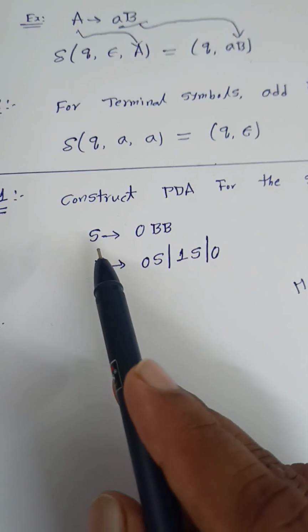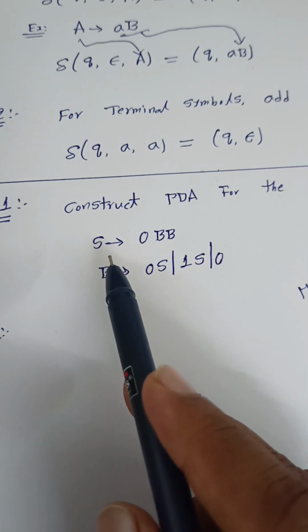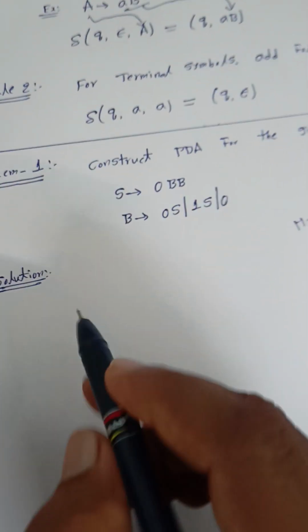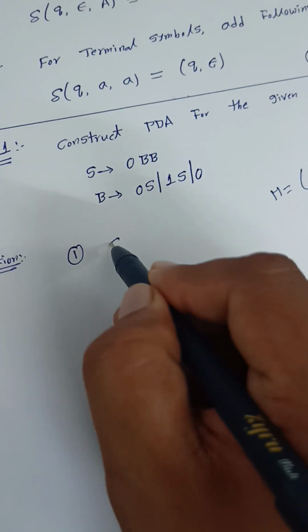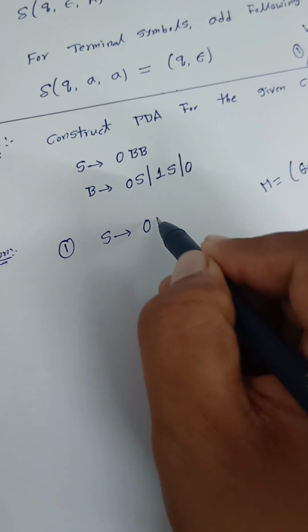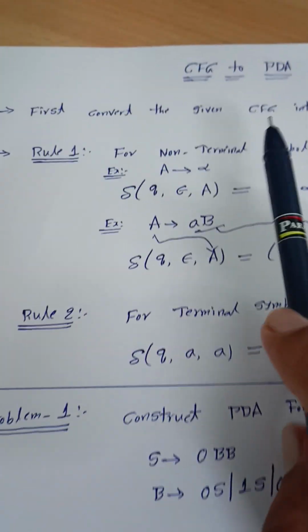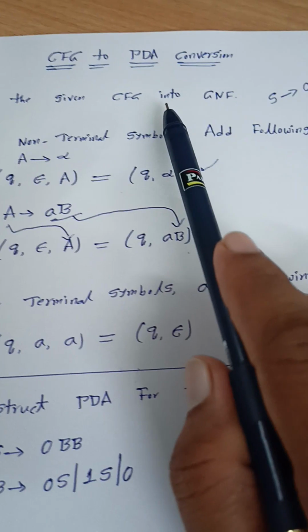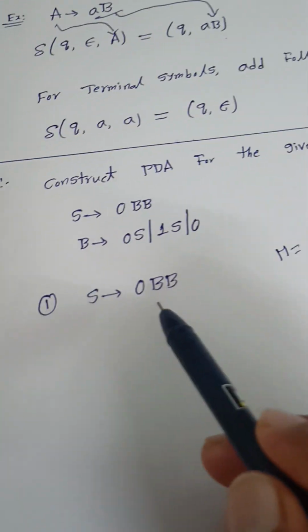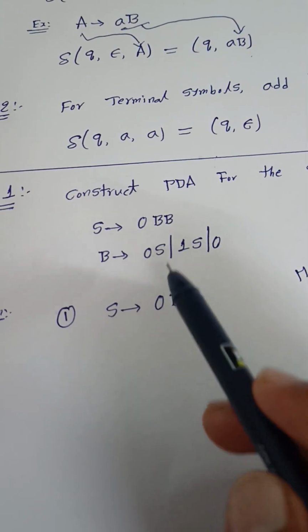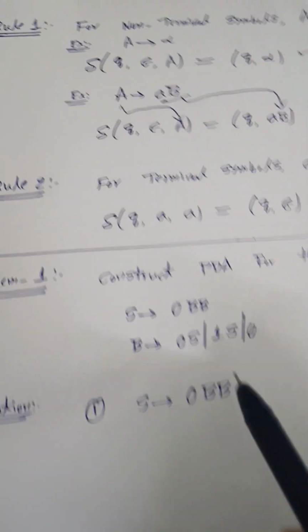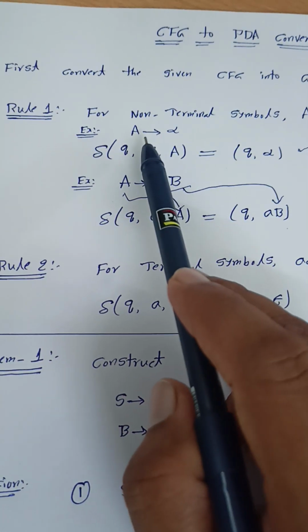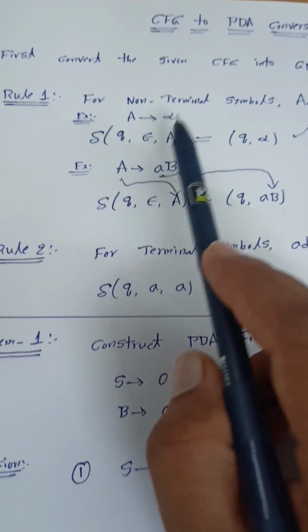Here S is the starting symbol. We have the production rule S implies 0BB. Before we move to the first rule, first we convert the given context free grammar into GNF. Already this grammar is in GNF format. So we consider the first rule, capital A implies alpha.